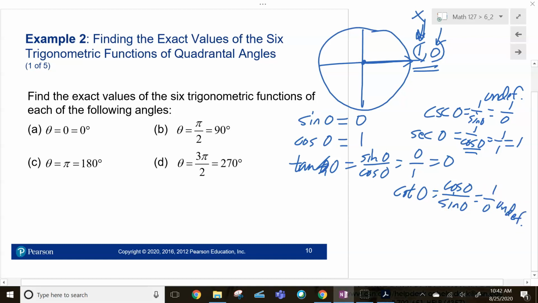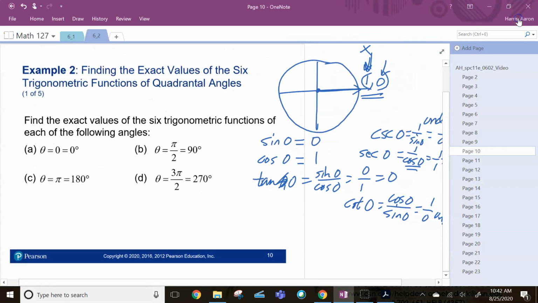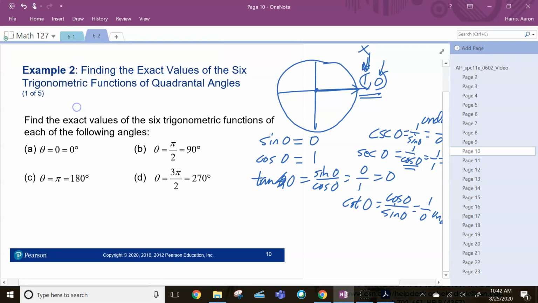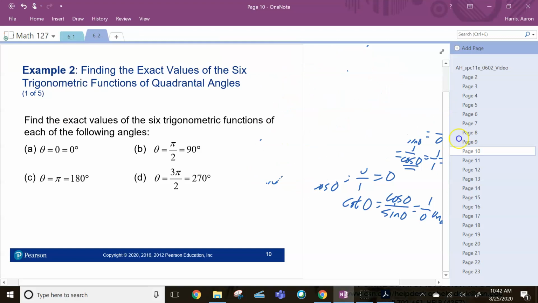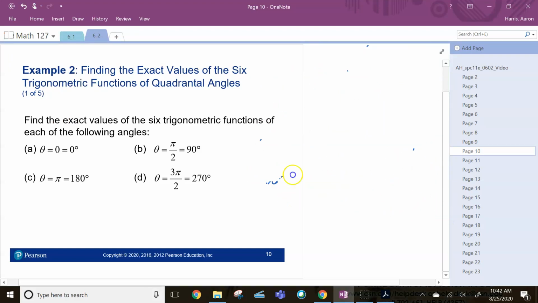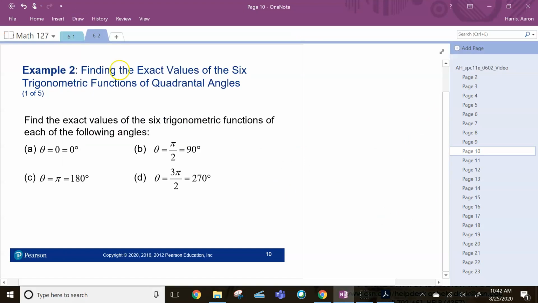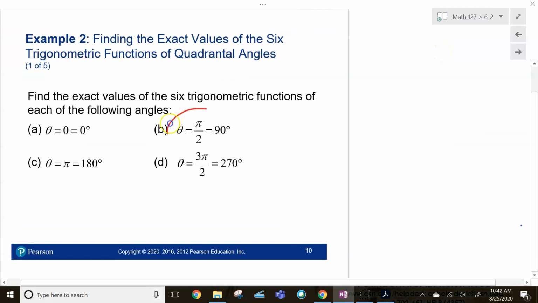Okay. Now let's do a different one. This time let's rotate pi halves, or 90 degrees.